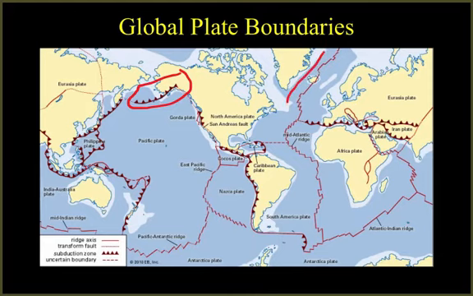Or the Mid-Atlantic Ridge that follows the middle of the Atlantic Ocean, where the South American and African plates are diverging, where the North American and Eurasian plates are diverging, and there's volcanism taking place along there. So this map generally shows places where we have these mid-ocean ridges.